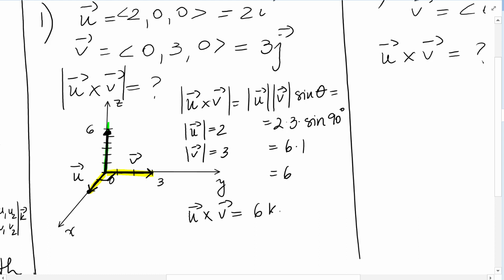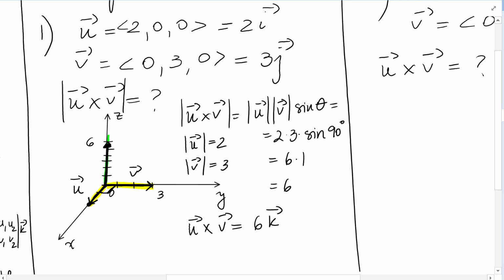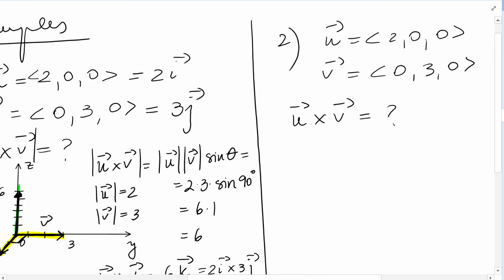It would be basically 6k, because these two are 2i and 3j. So we are doing 2i cross 3j, 2 times 3 is 6, but i cross j is k. So we located the cross product and we found its magnitude.